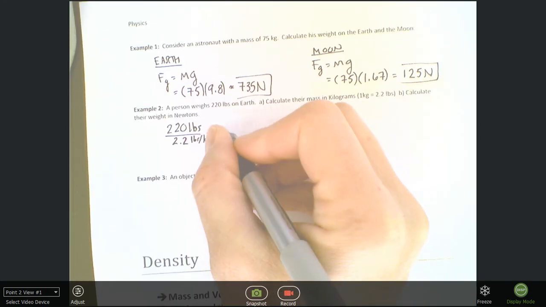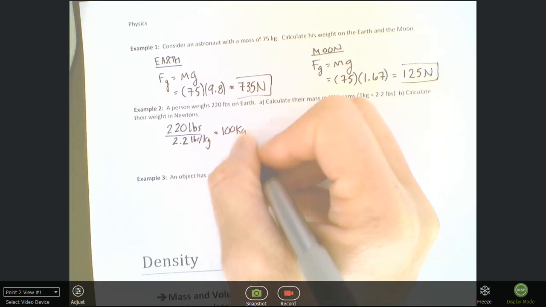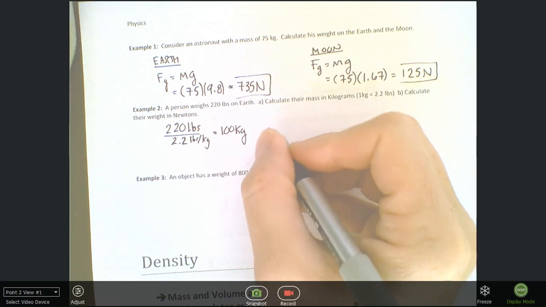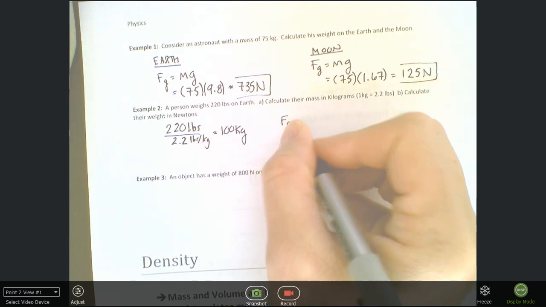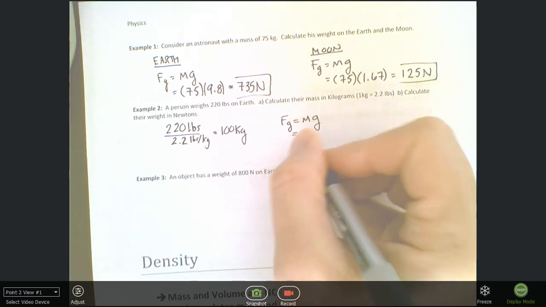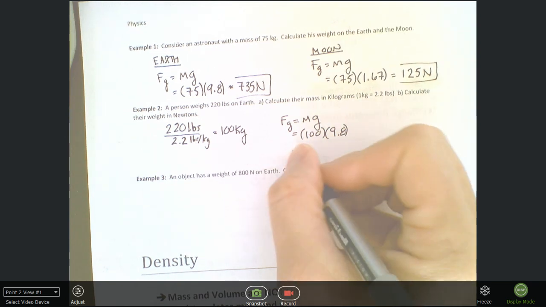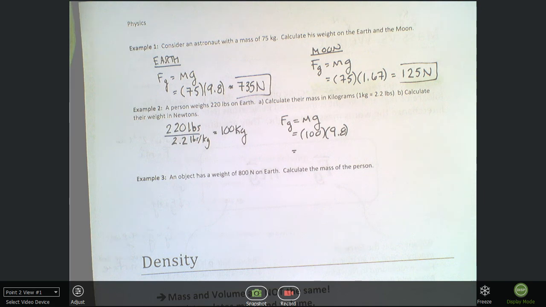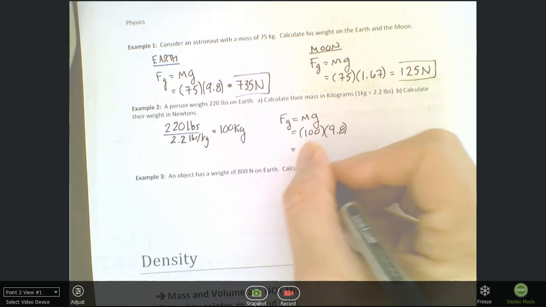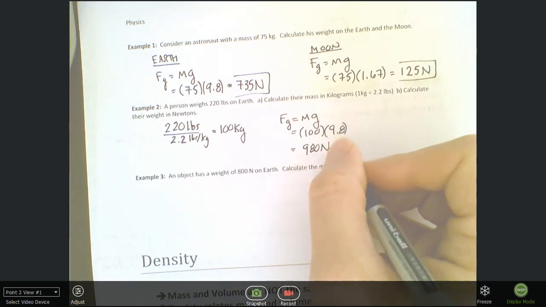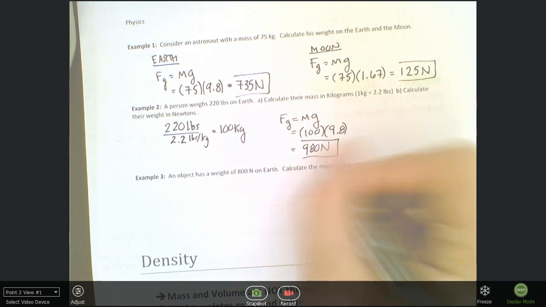So you have 100 kilograms of mass. And we're going to calculate their weight. So Fg equals mg. The mass is 100 times 9.8. And you don't need a calculator for this, but 980 newtons. So that would be the weight on Earth.